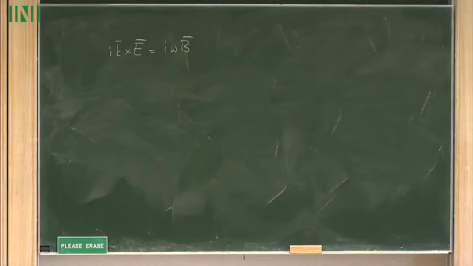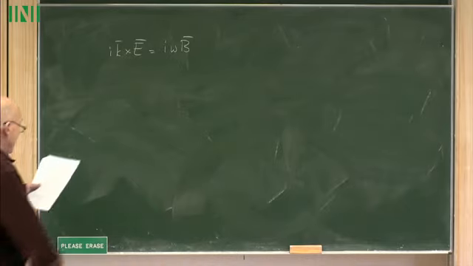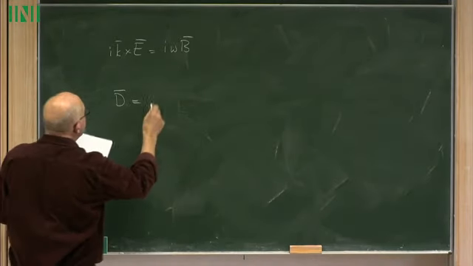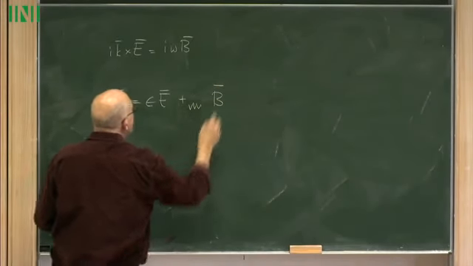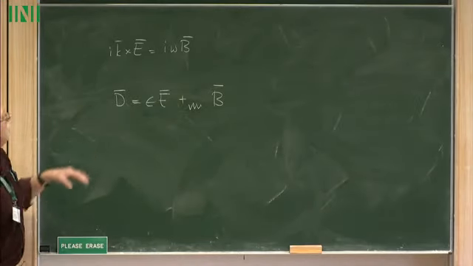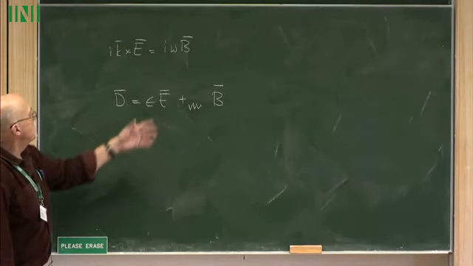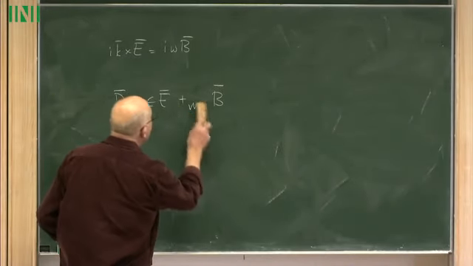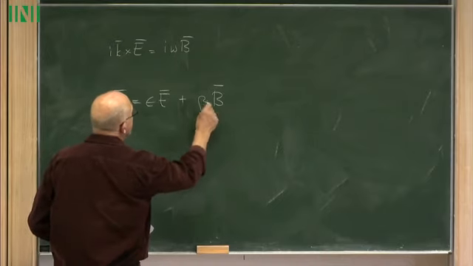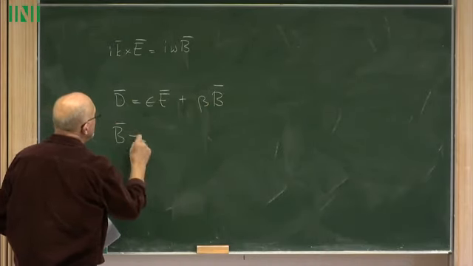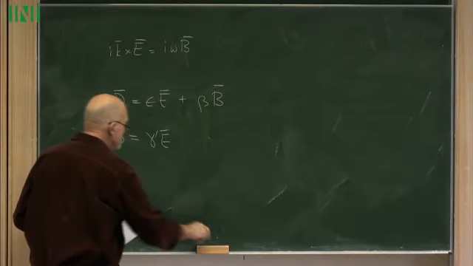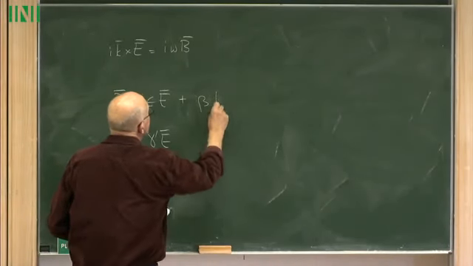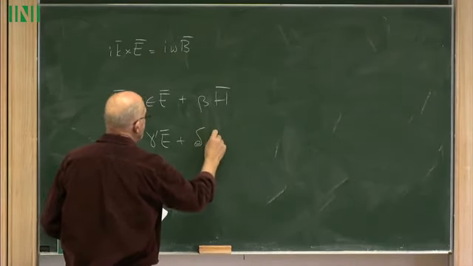So if we have a k cross E appearing via our epsilon, then we can write that D is equal to some epsilon E plus some coefficient times B. So there are scenarios where people don't talk about spatial dispersion, they just simply postulate that one can write the constitutive equations like this, and then B would be some other constant, maybe gamma is not the best one, times E, I'm sorry, this is H, plus some other constant times H.